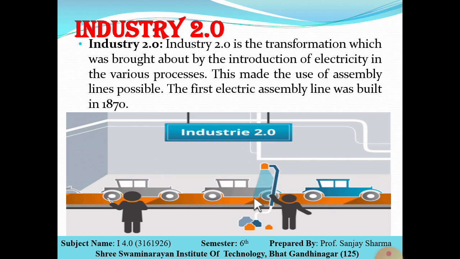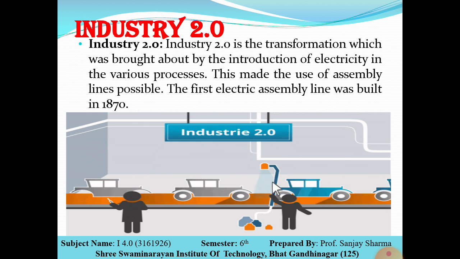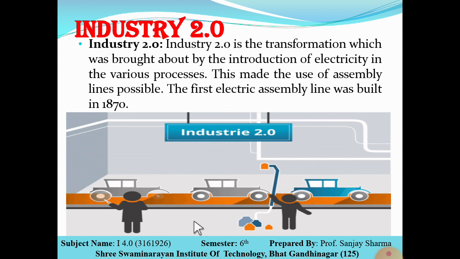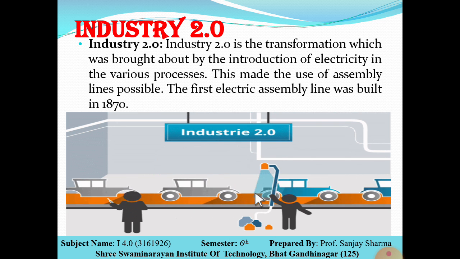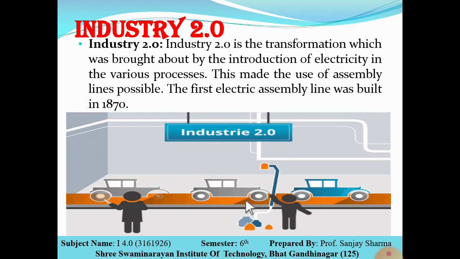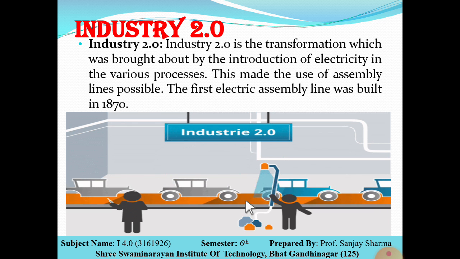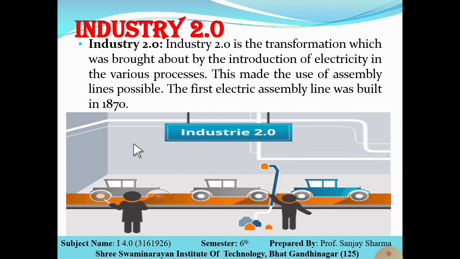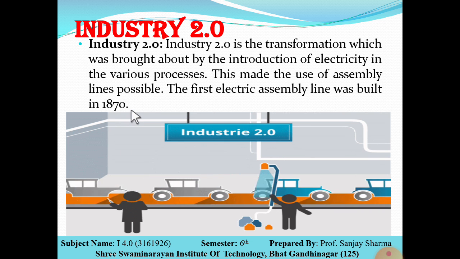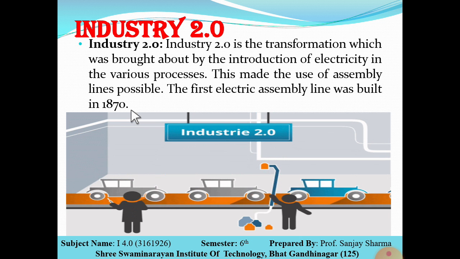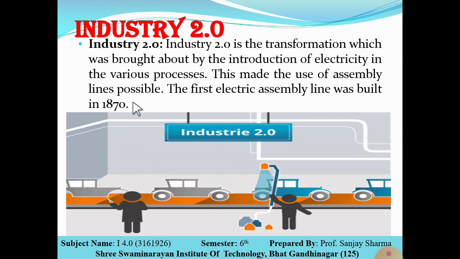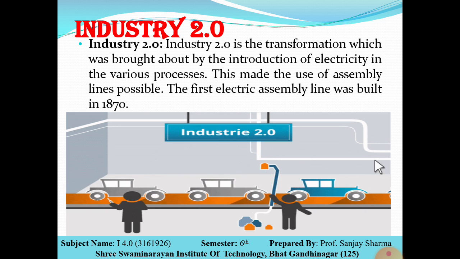So this was the Industry 2.0. But still here the manufacturing and quality inspection, everything was done manually. In 1870, the first electric assembly line was built, and it was a part of Industry 2.0.